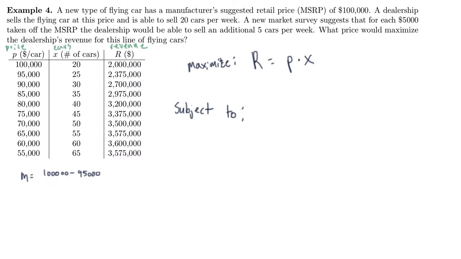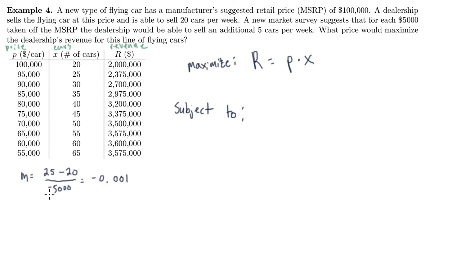Actually, let's do the change in cars sold on top. So 25 minus 20. So change in X, number of cars sold, over change in price, and you'll see why I'm doing that in a second. So 95,000 minus 100,000, that's negative 5,000. So it's 5 over negative 5,000, so negative 0.001 is the slope of this line.